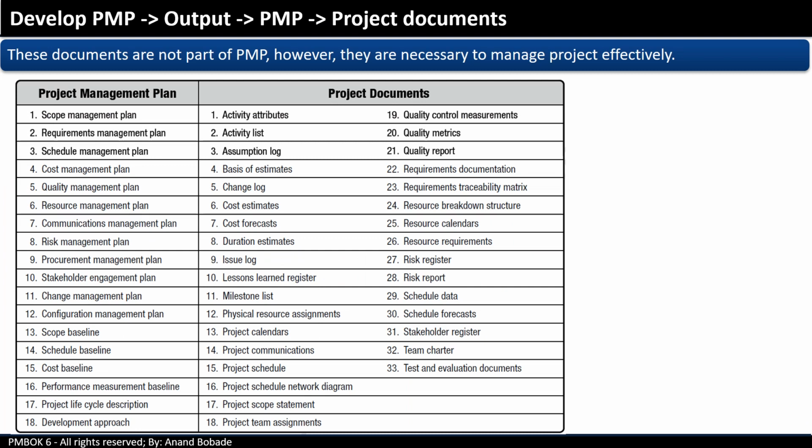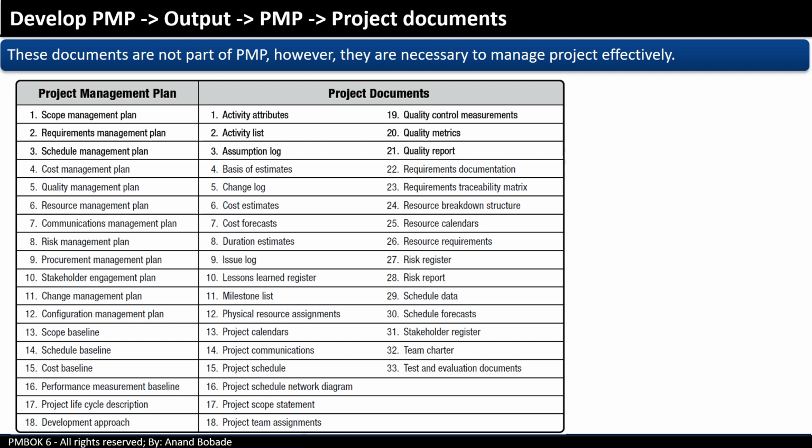Project documents. These documents are not part of the project management plan. However, they are necessary to manage the project effectively. We all work on these documents. The most commonly used documents are the risk register, which contains a list of all risks, the issue log, milestone list, and lessons learned register. You don't need an approved change request to update these documents.